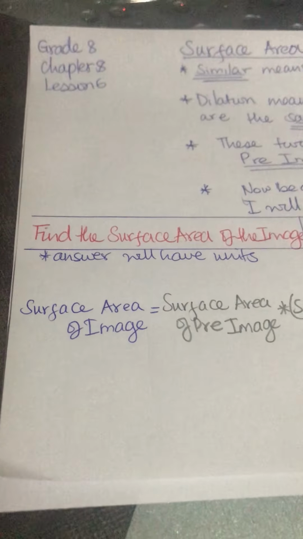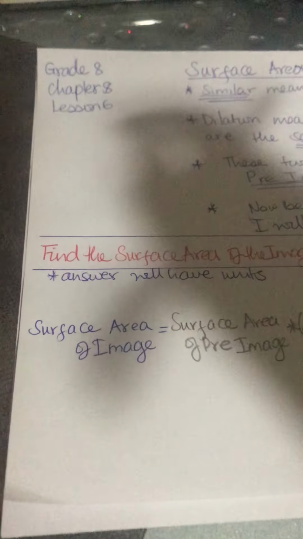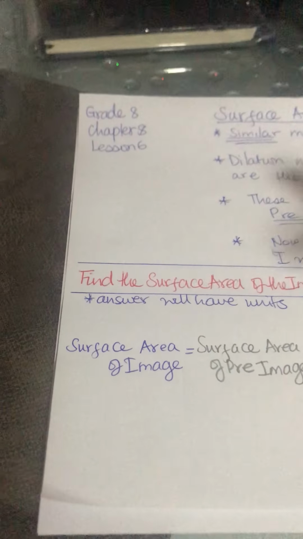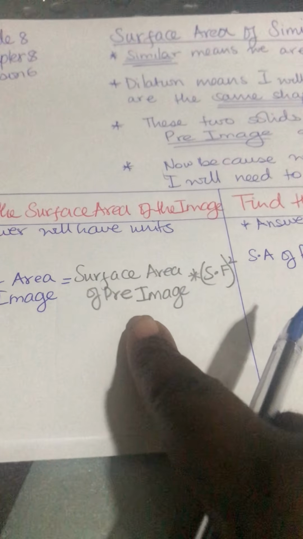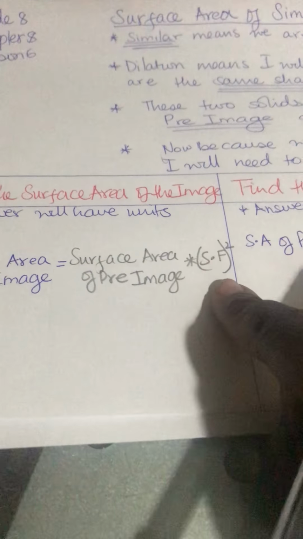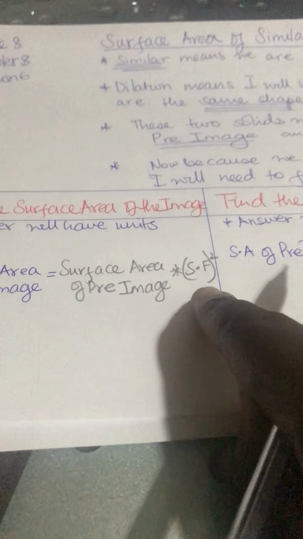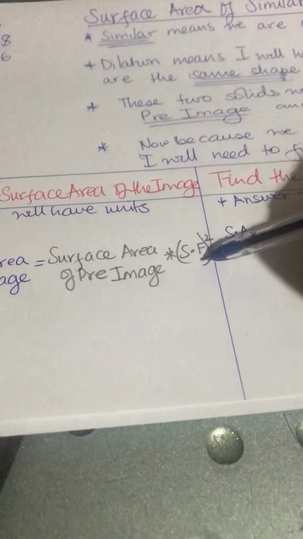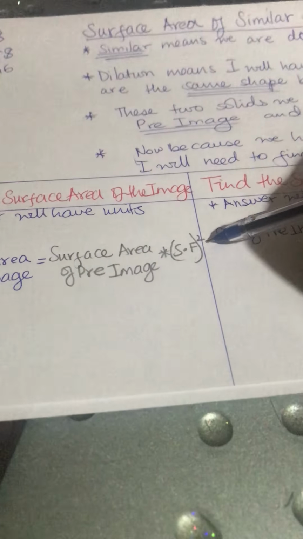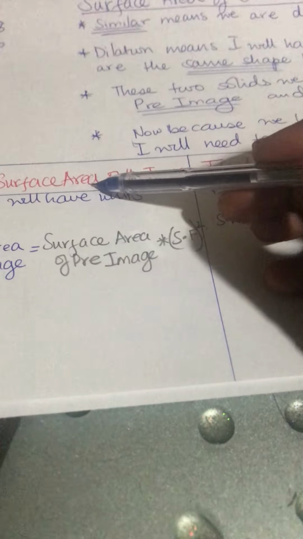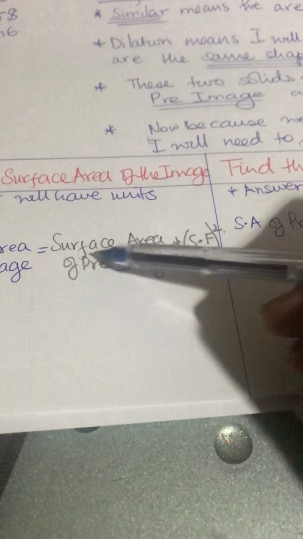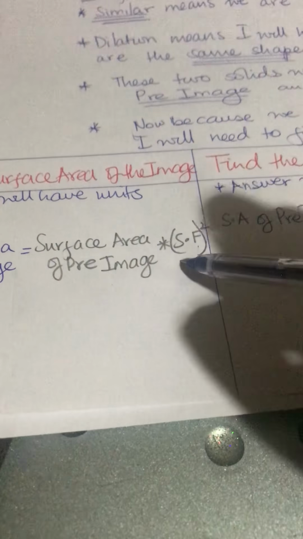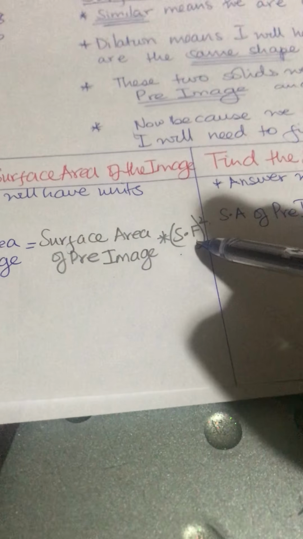So if the question doesn't give you, then you have to use the formula. You find the surface area, then you use that number here. And the scale factor that the question will give you. Now remember, the scale factor has to be squared because of the word area. Okay? So you'll say surface area of pre-image and then you will multiply by the scale factor squared.